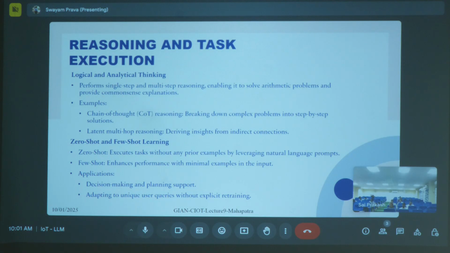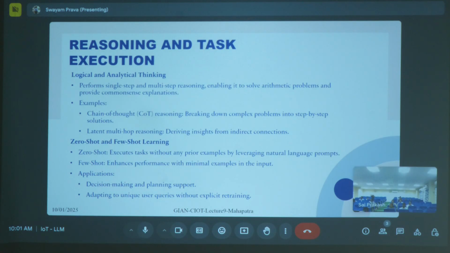Then we have latent multi-hop reasoning. This method enables the model to derive insights by connecting indirect pieces of information. Another significant capability of LLMs is to execute tasks through zero-shot and few-shot learning. Like I said before, in zero-shot learning, the model completes tasks without any prior examples.